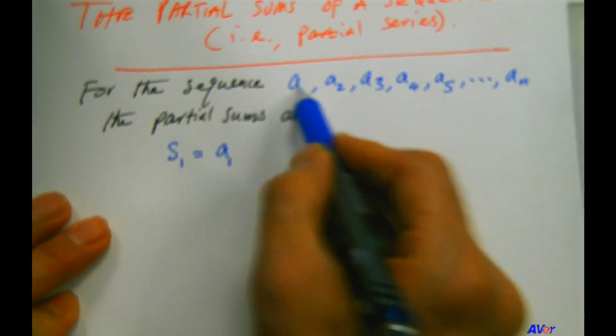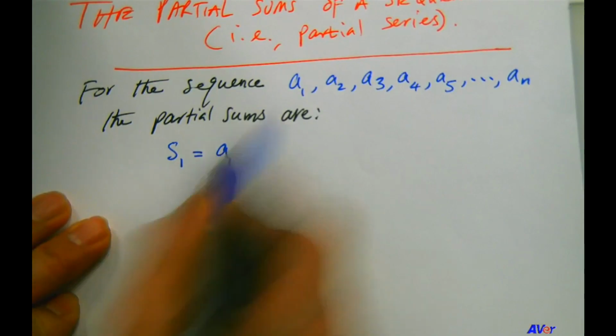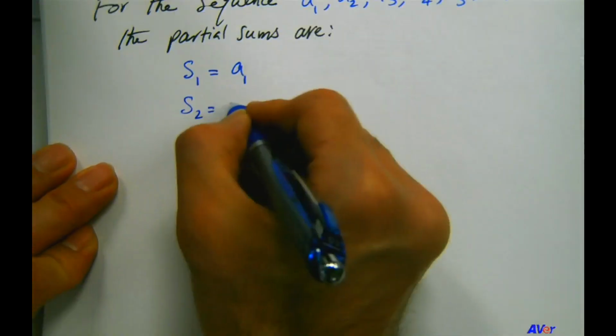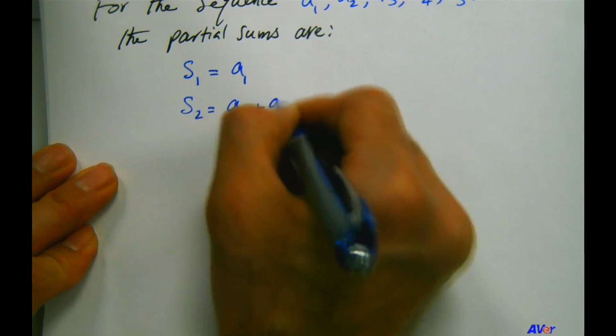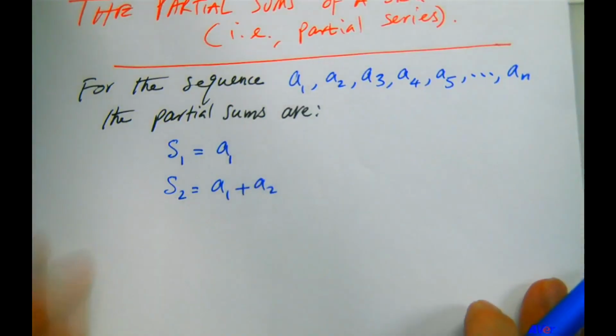So if you add the first term with itself, you get itself, right? Sum of the first term is A1. Sum of the first two terms, S2, would be A1 plus A2. That's sum of the first two terms.